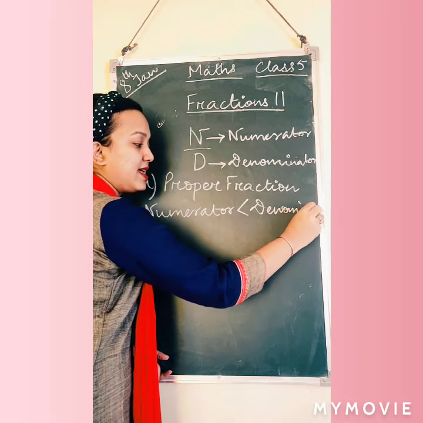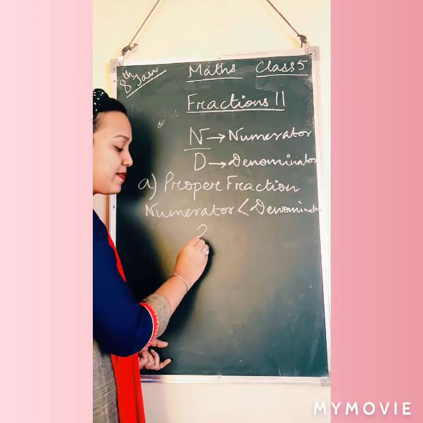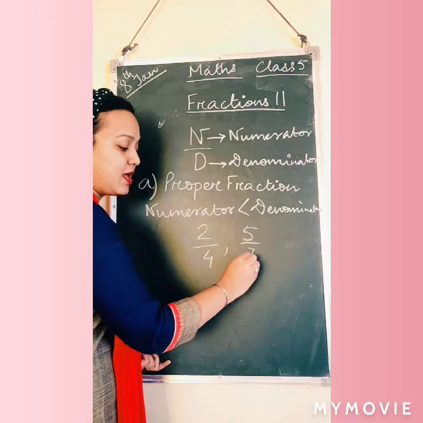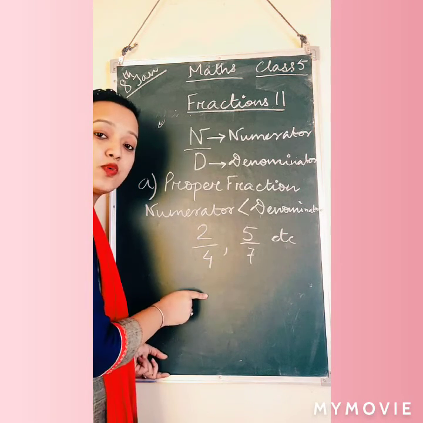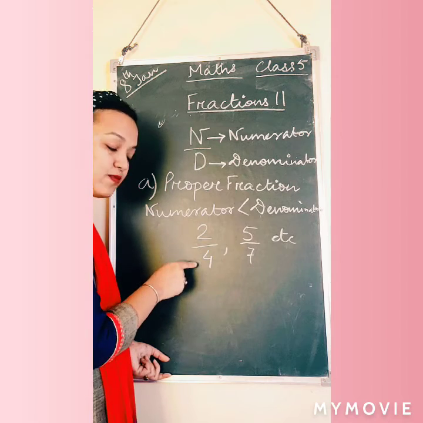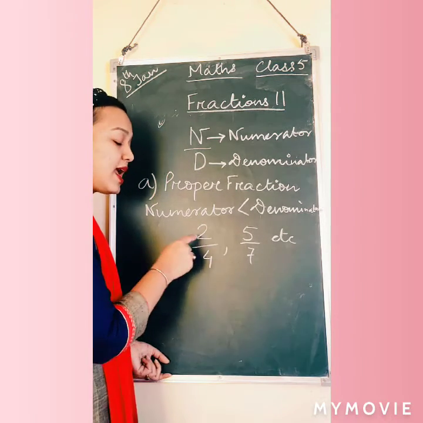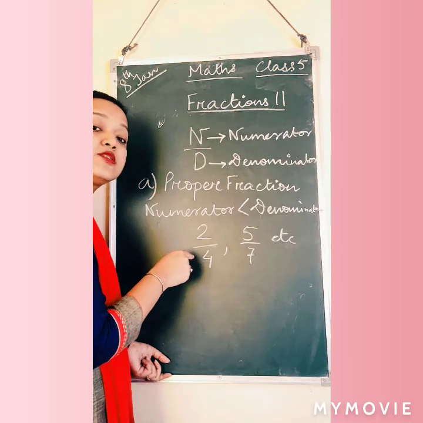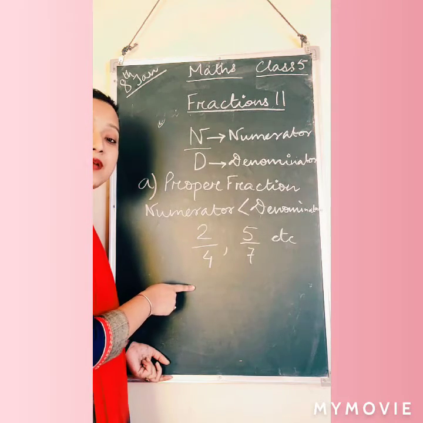For example, 2 by 4, 5 by 7, etc. In these two fractions, 2 is smaller than 4 and 5 is smaller than 7. So any fraction in which the numerator is smaller than the denominator is called a proper fraction.